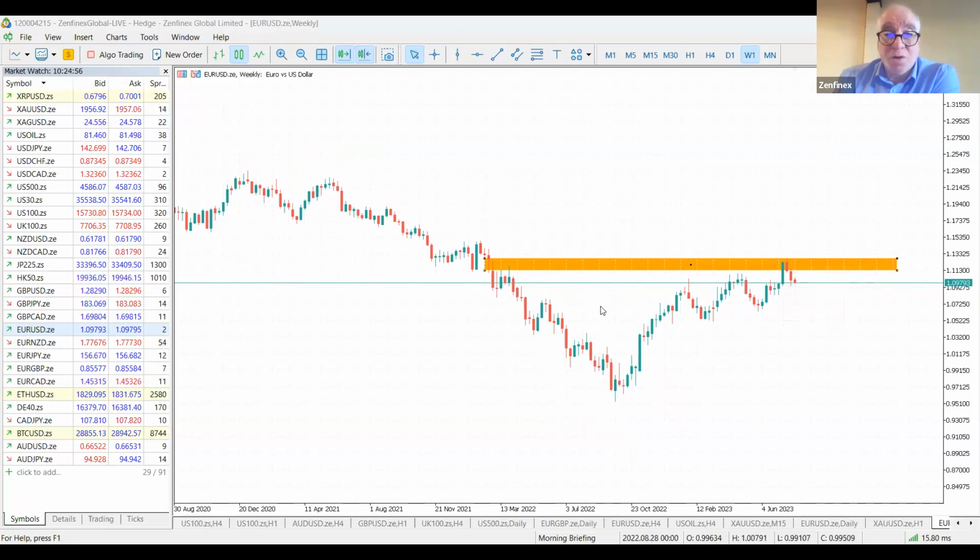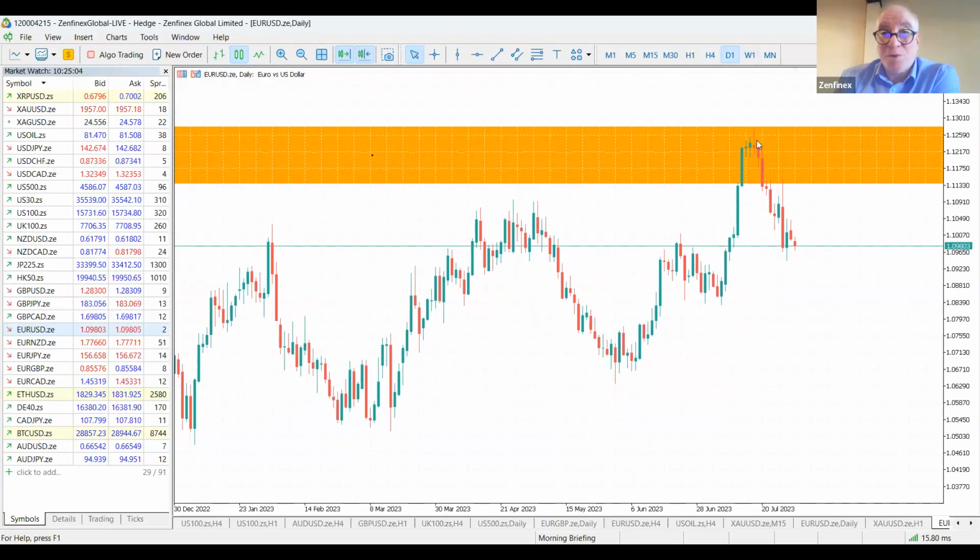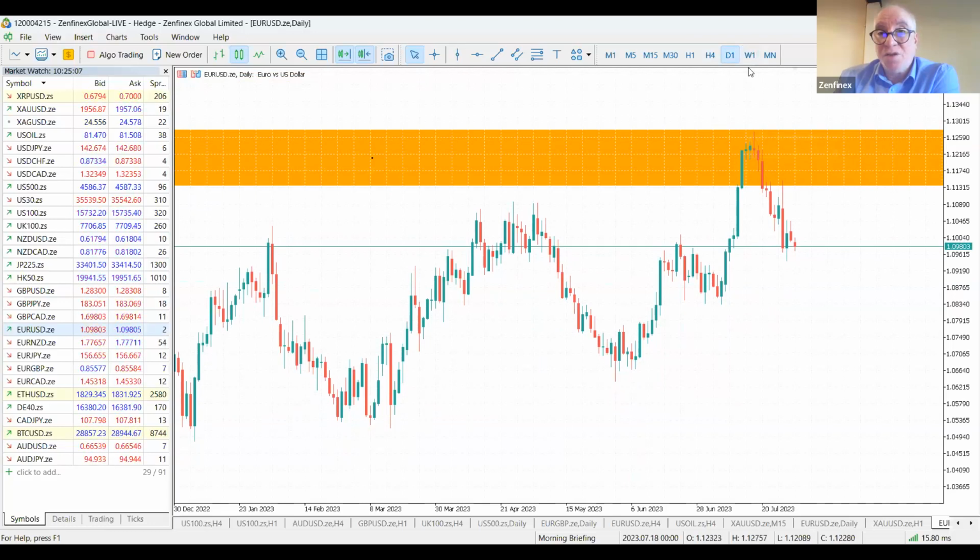I'll continue with euro while you type an answer. So I'm looking at euro, fill the gap, nice trade down. Remember this from a weekly perspective, so it's really going way back. But look how, even using a weekly chart, it's respected and how it rejected on a daily perspective. And that's why it's crucial in many ways that when you open up your chart, you're not just looking at the chart, you're looking at all the different time frames.